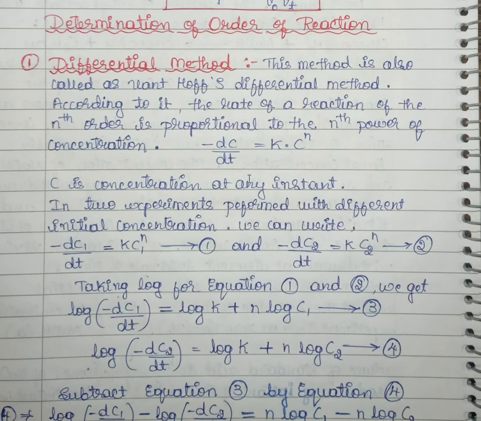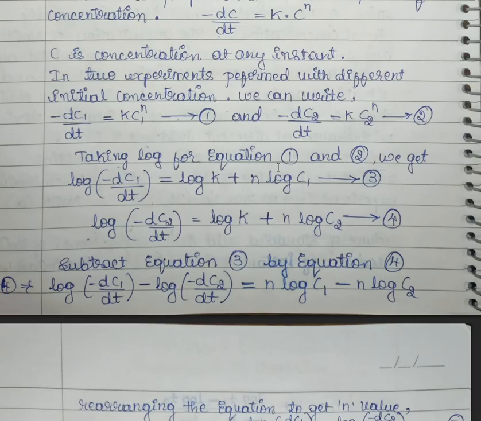Considering this rate equation at two different concentrations C1 and C2, we get minus dC1 divided by dt is equal to K into C1 to the power n, calling this equation number 1, and similarly minus dC2 divided by dt is equal to K into C2 to the power n, equation 2. We take the log function for equations 1 and 2.